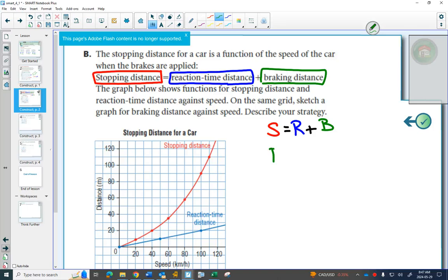Does it make sense that your green graph will equal your red graph minus your blue graph? It's complicated with all the colors. Does that make sense then? If you rearrange that equation, your green graph would be the stopping distance, the total amount it took to stop. If you subtracted your reaction distance, then what you would be left with is your braking distance.